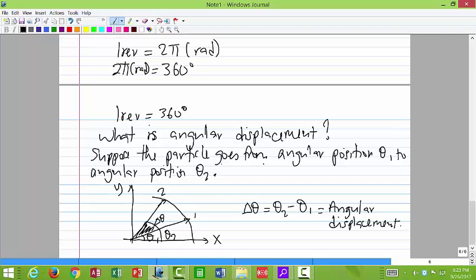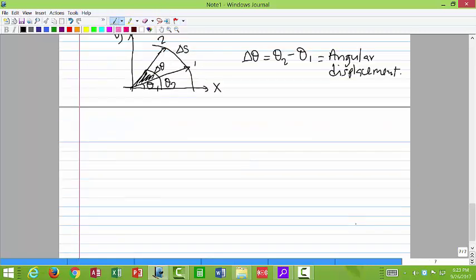And the arc length is again S. Actually, let me use delta S for the arc length. So we can say that delta S is equal to R delta theta. We can put that aside. So the angular displacement is delta theta, and delta S is the change in the arc length.